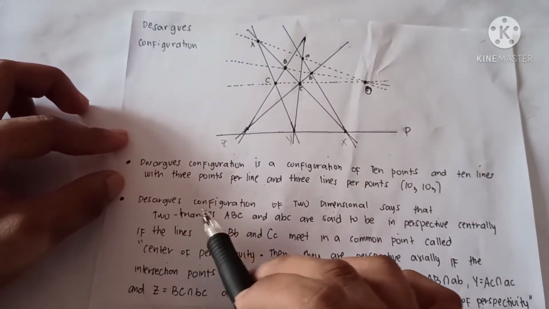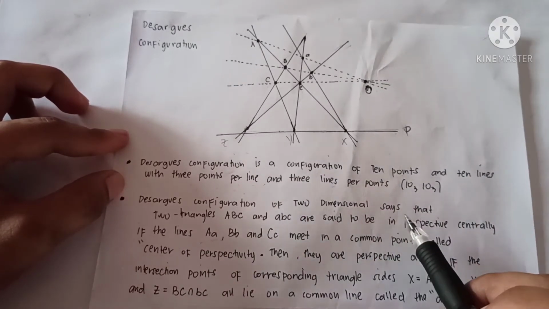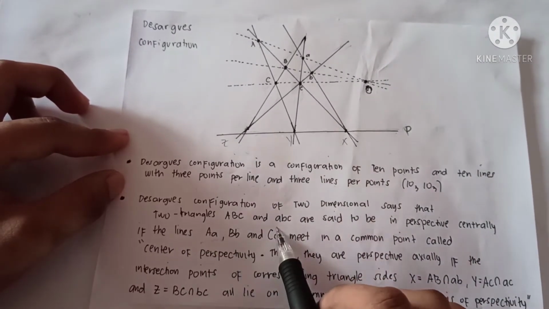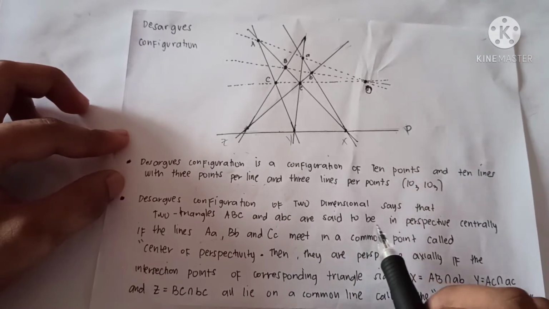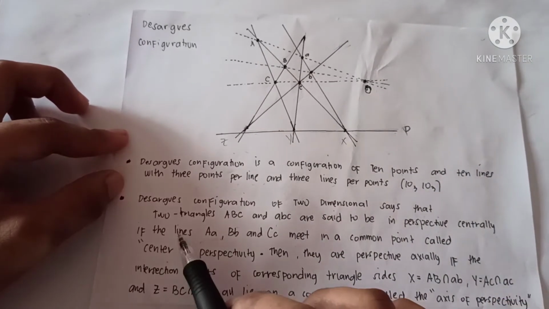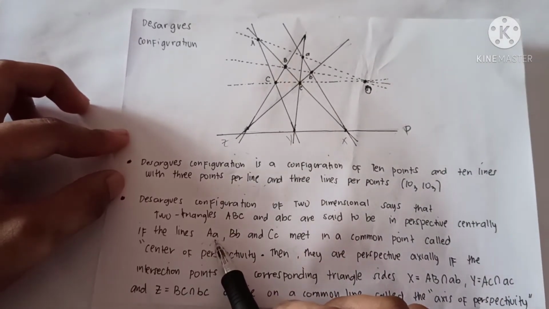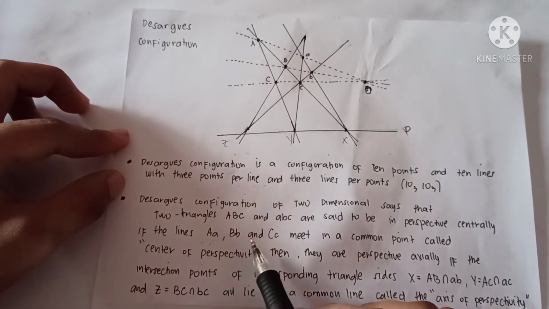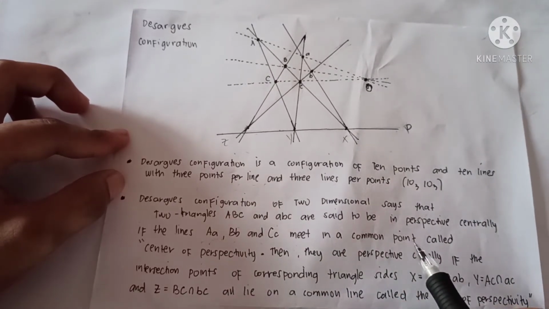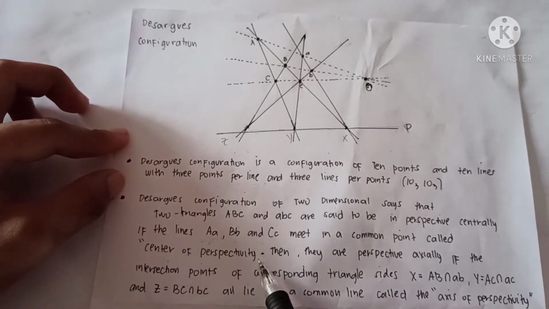Next one is Desargues configuration of a two-dimensional plane. It says that two triangles ABC and small abc are said to be perspective centrally if the lines large A, small a, large B, small b, and large C, small c meet in a common point called the center of perspectivity.